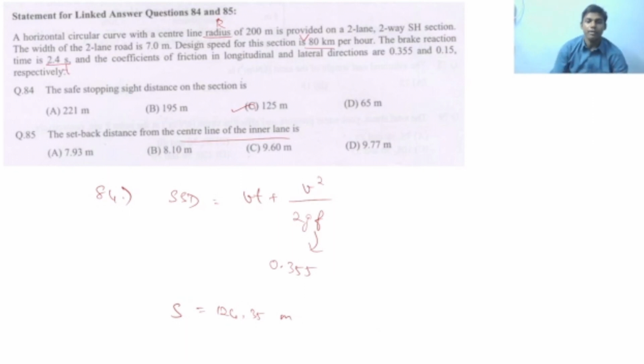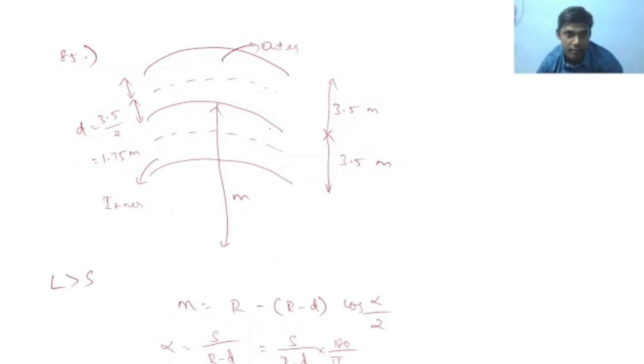Here 11.52 meter is not in the options, because it is not the answer. In question they have told to find out setback distance from center line of inner lane. So this is center line of inner lane. So always we will find setback distance from center of that road. So here they have told to find out from center of inner lane. So it will be from here.